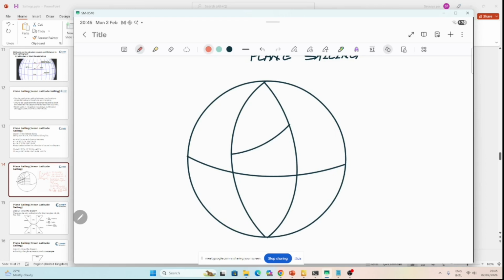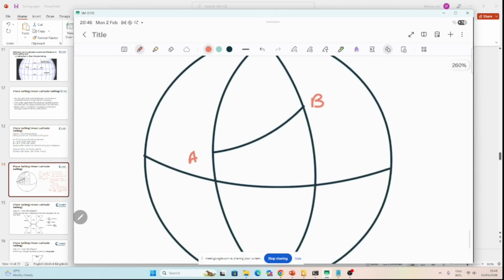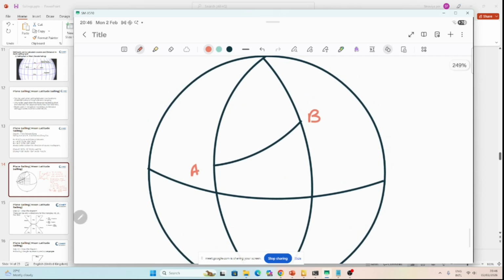When you are moving from A to B, you can see that you cannot take this latitude B. Okay, this is latitude B and this is latitude A. So you cannot take departure of latitude B. You cannot take the departure of latitude A as well because that does not represent your actual departure.